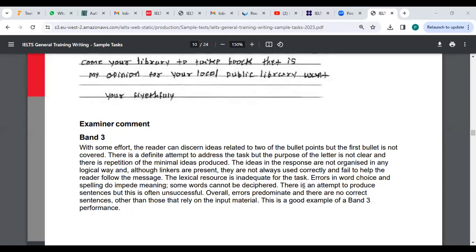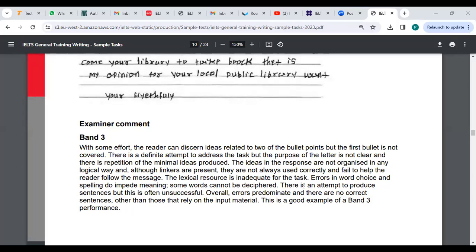The lexical resource is inadequate for the task. Errors in word choice and spelling distort intended meaning. Some words cannot be deciphered. There is an attempt to produce sentences, but it is often unsuccessful.